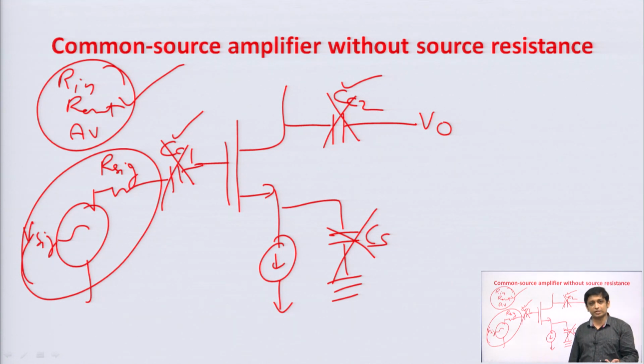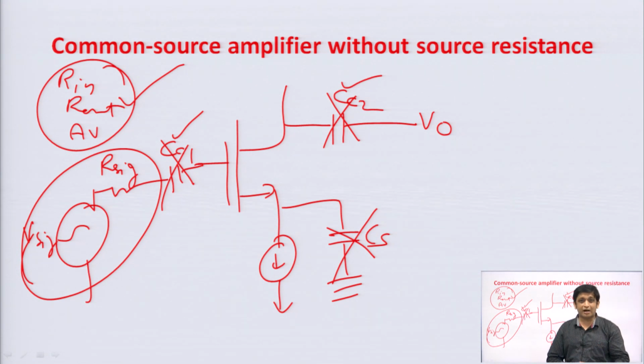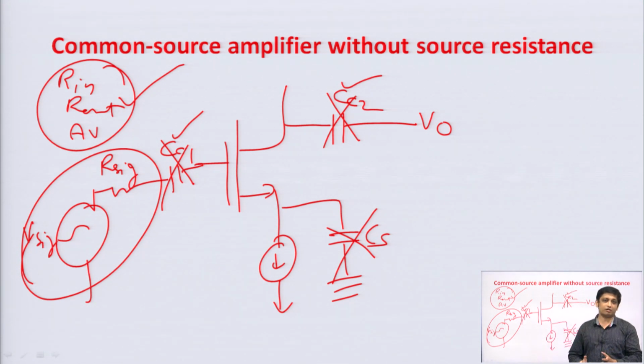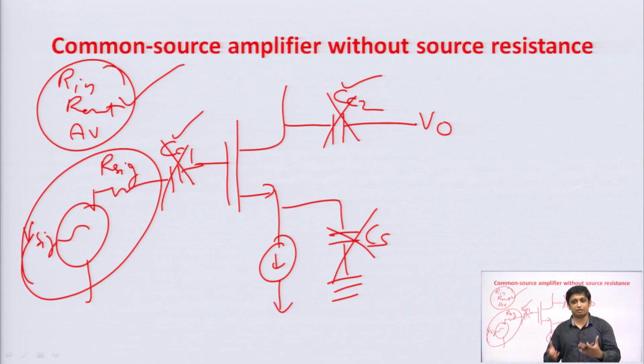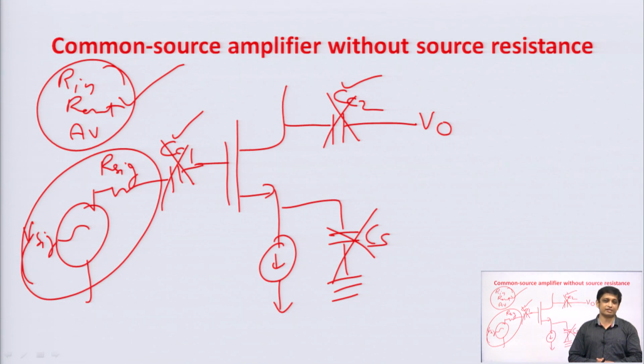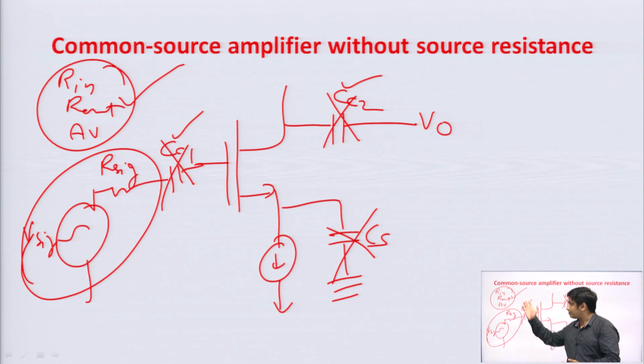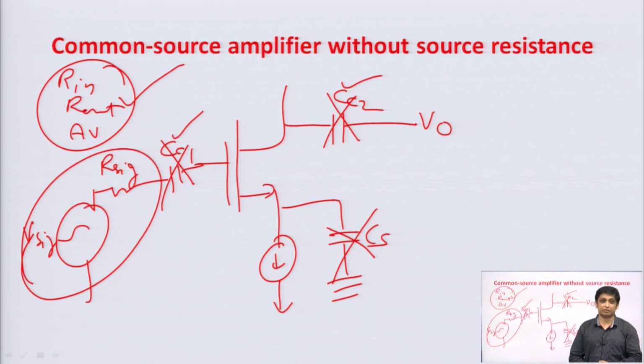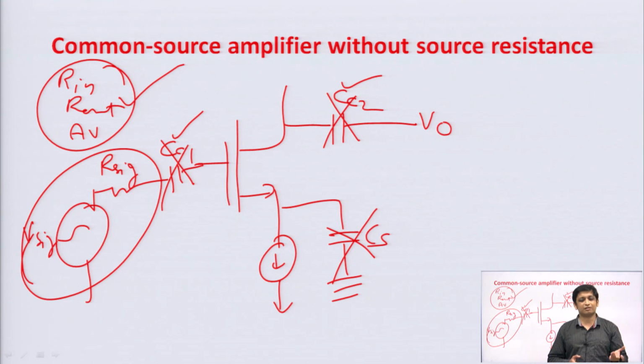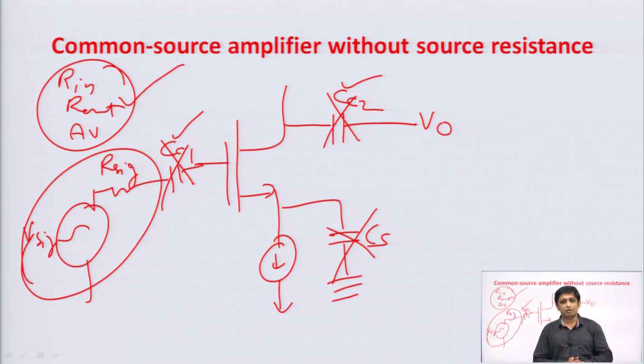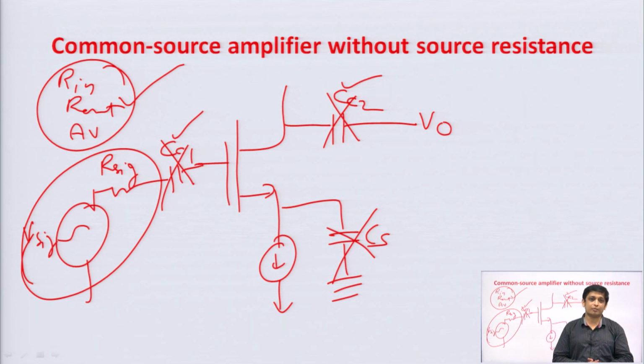We can directly perform it on the circuit, but it is more convenient to firstly draw the small signal model, then use KCL, KVL and network analysis to solve it and find out the input resistance, output resistance and voltage gain of that particular circuit. We can draw the hybrid pi model or the T model, we have two options. If there is a resistor at the source terminal, prefer the T model. We can draw the hybrid pi model also for that case, but it is more convenient to draw the T model if there is a resistor connected at the source terminal.